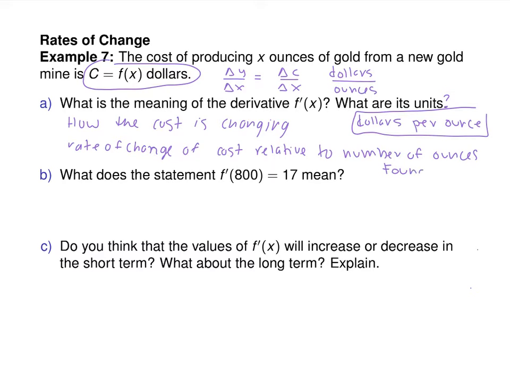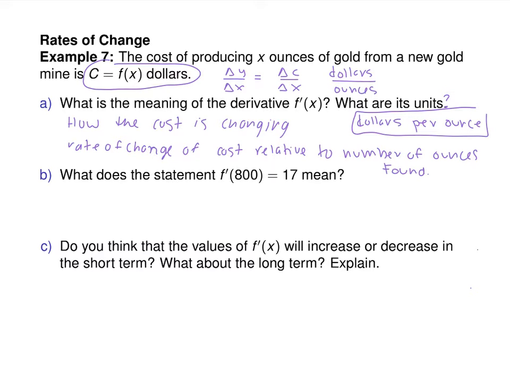Found. Does that make sense? Okay. If the rate of change is positive, are your costs increasing or decreasing? Increasing. If your rate of change is negative, the costs are decreasing.